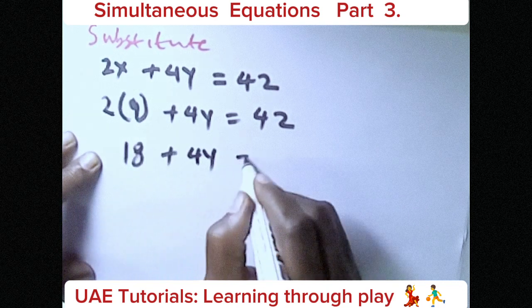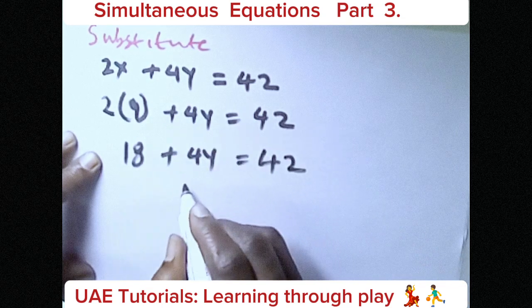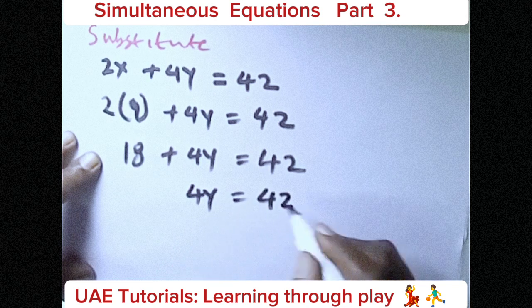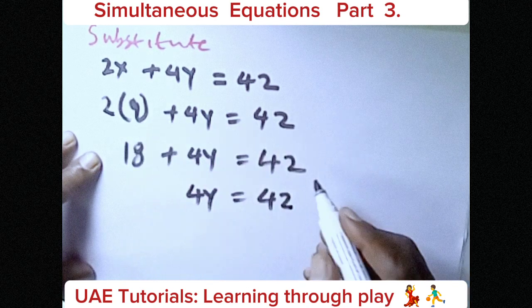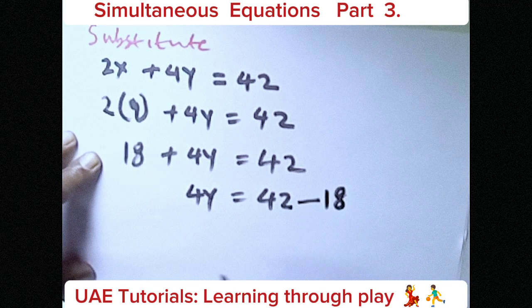Plus 4y equals 42. We're going to move this 18 to the other side. When you're moving this 18, it changes sign, so that becomes minus 18. So we now have that 4y equals 24.